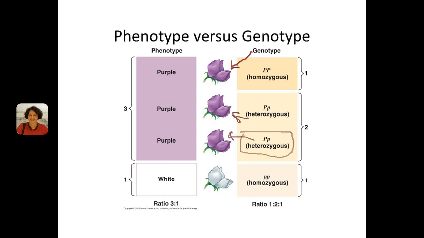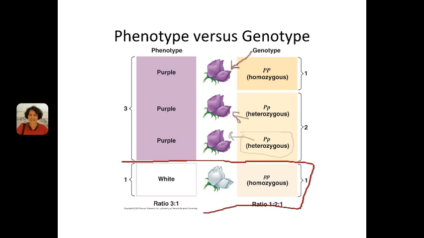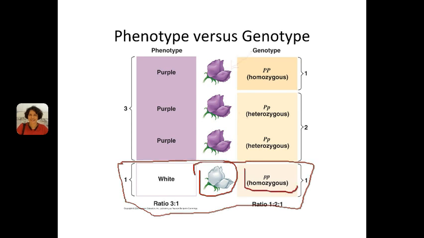And finally, on the bottom, we've got one plant, the one in the 3:1 ratio, that has white flowers, and it is homozygous recessive. It has 2 copies of the white allele, 2 copies of the lowercase p.